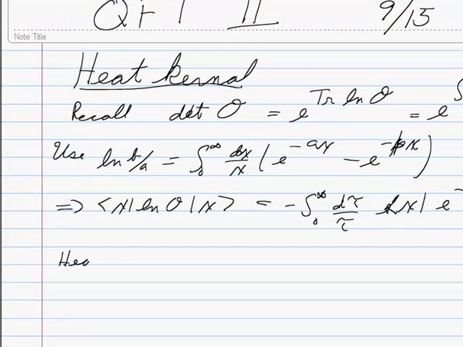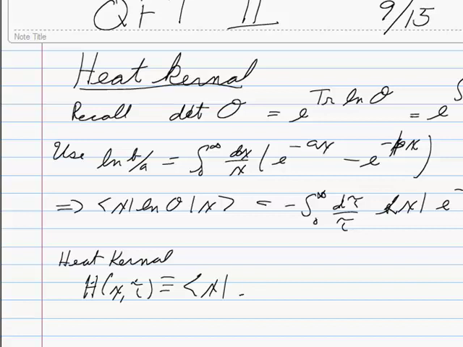So this heat kernel is the name given to, well, let's give it a symbol, h of x and tau is defined to be this matrix element x e to the minus tau operator x.